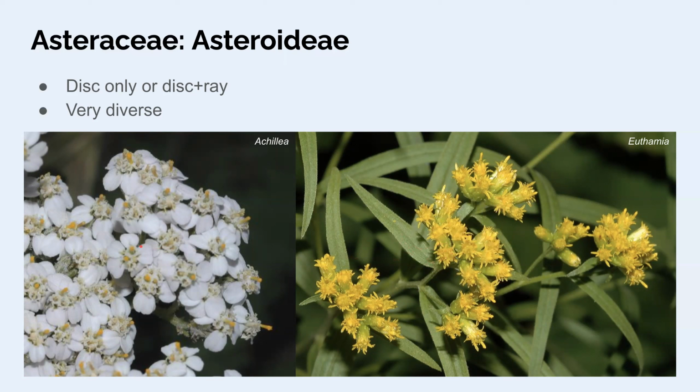And then pretty common in Asteroideae are these flower heads that are a combination of rays along the outside and disc along the inside. Even in one like this, which is a rather small plant, you might not notice the individual flowers, but once you get in there, you can see how they're put together with these individual flowers and rays along the outside.